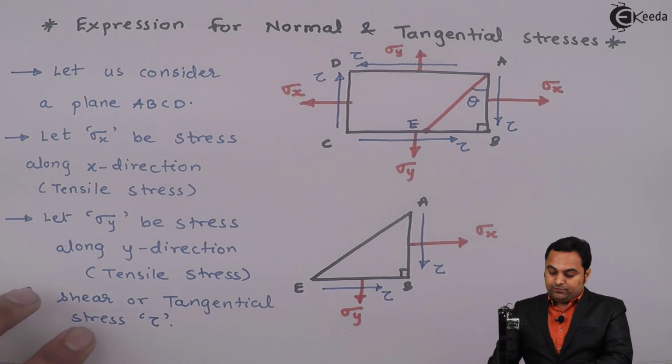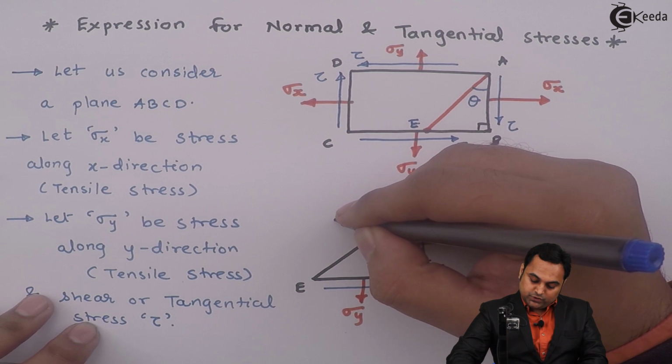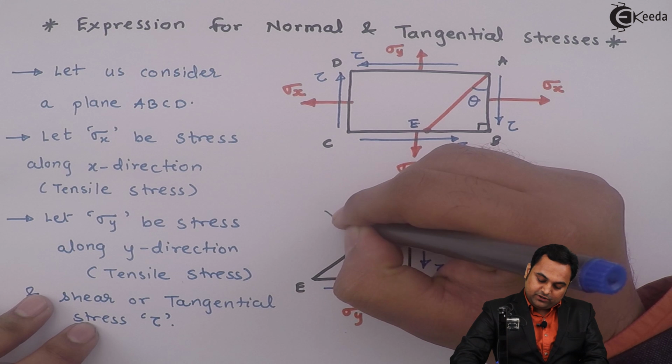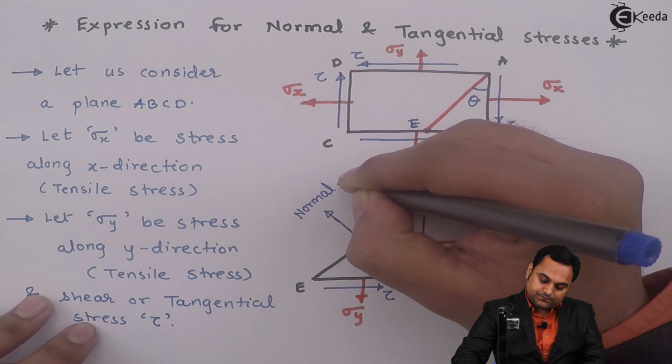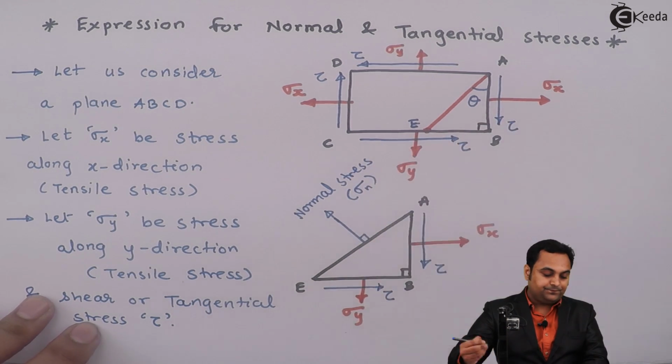Then, apart from this, on the oblique section, there will be one of the stress which is perpendicular to the oblique section, and that would be called as normal stress, denoted by sigma suffix n.